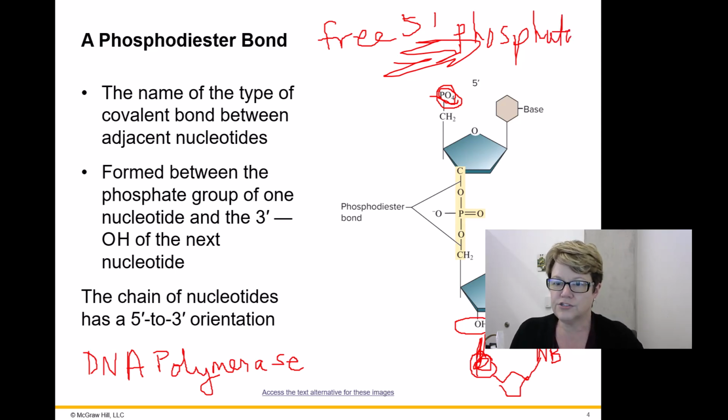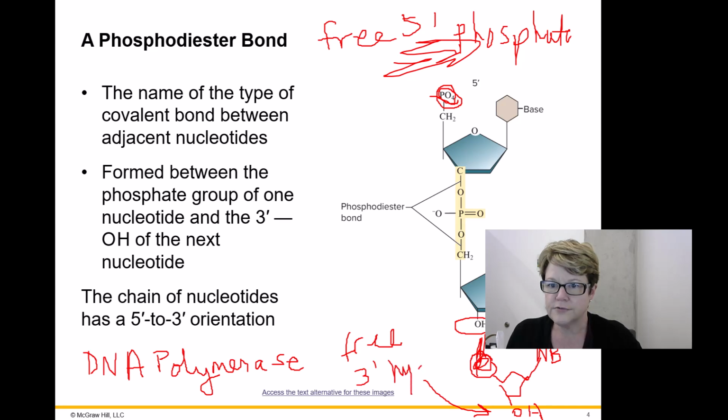And no matter how long this chain is, when you go to the other end of the chain, there's going to be, I'm trying to draw a hydroxyl group. Now I'm just going to put an arrow here. This is the free, F-R-E-E, 3' hydroxyl.